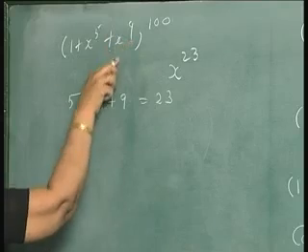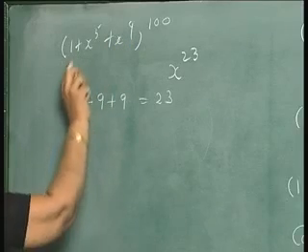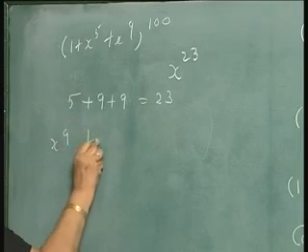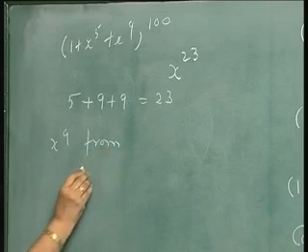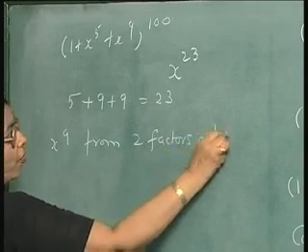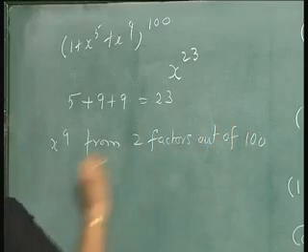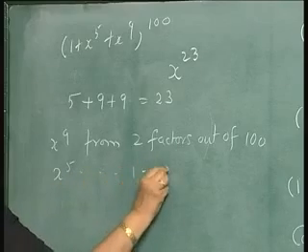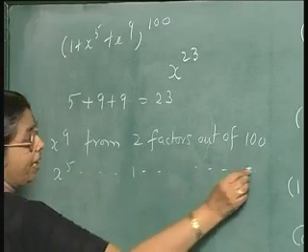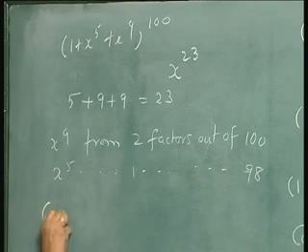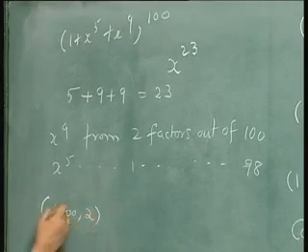So you have to select x power 9 from 2 factors out of 100, and you have to select x power 5 from 1 factor, out of the remaining 98. So it will be C(100, 2). From 2 factors you are selecting x power 9. After doing that, you will be left with 98 factors, from which you have to select 1 x power 5.